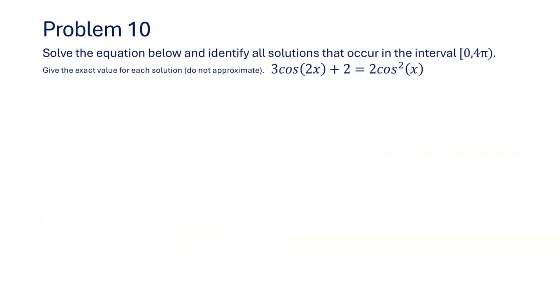Last problem, we're almost done. Okay, here's another solving an equation. So, looking at this, I again want to get all of the x's to one side. But before I do that, I have a cosine of 2x in here, which is a little annoying, so I want to use the identity that cosine of 2x equals 2 cosine squared of x minus 1.